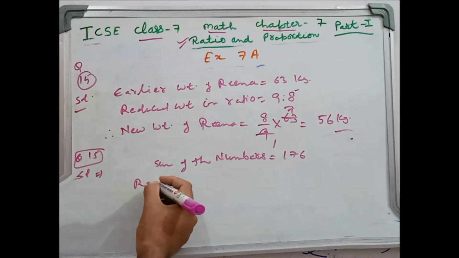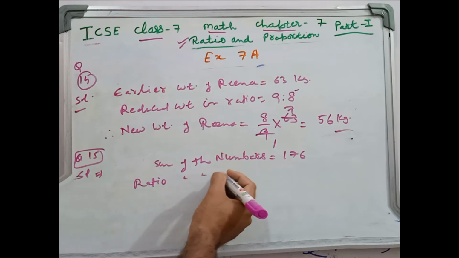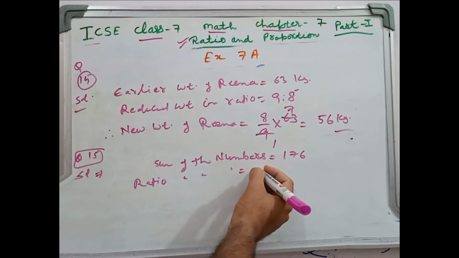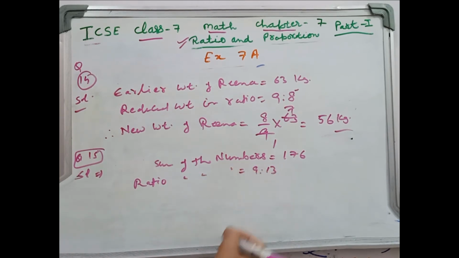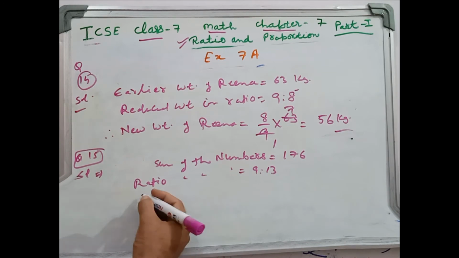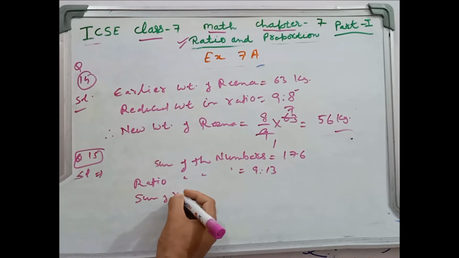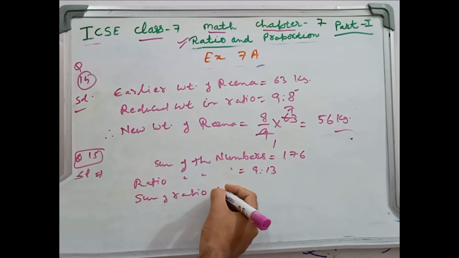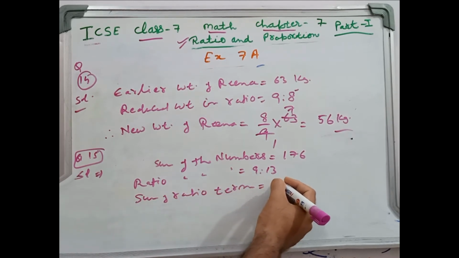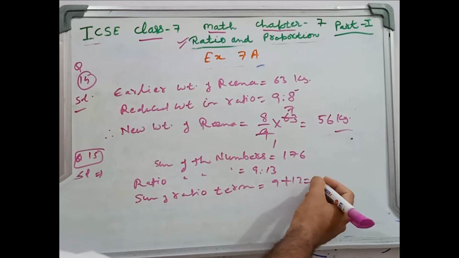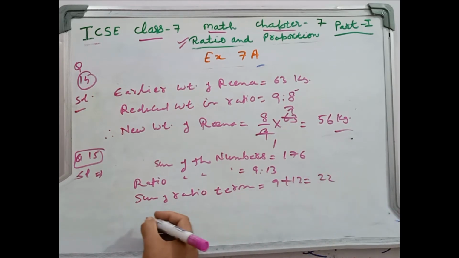Ratio of the numbers is equal to 9:13. Find the numbers. Sum of ratio terms 9 plus 13 is equal to 22.